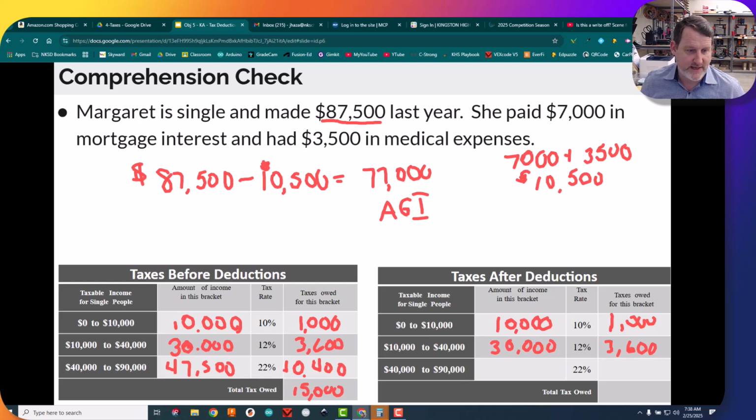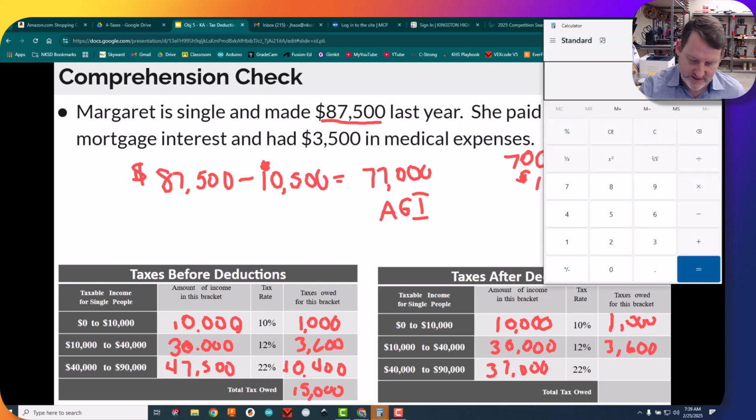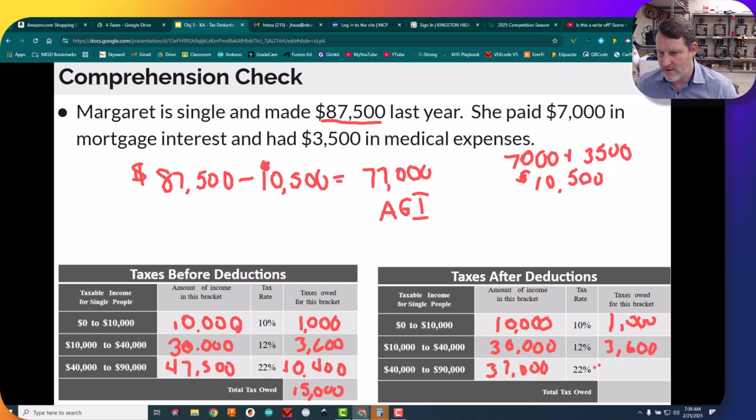Now the next one is, instead of $47,500 left over, we have $37,000 left over. So that goes into this one. Then when we do this last calculation, you can say 37,000 times 0.22, and that's $8,140. So here I'm going to say 8,140. Notice the only difference here is in this top tax bracket, because she reduced her income by $10,000.